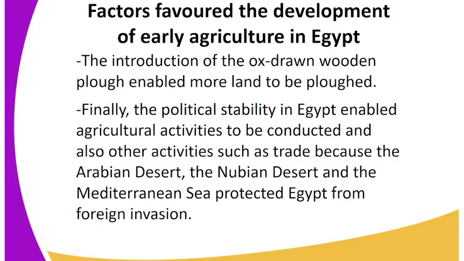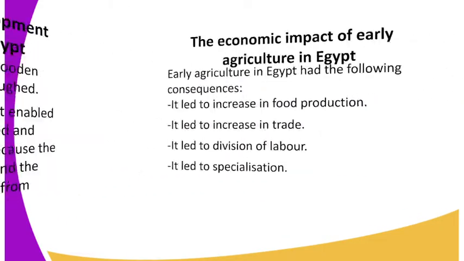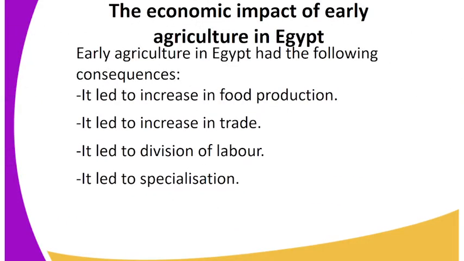Also, there was political stability in Egypt, which enabled agricultural activities to be conducted, and also other activities such as trade, because the Arabian Desert, the Nubian Desert, and the Mediterranean Sea protected Egypt from foreign invasion. So these people were able to carry out their activities well.